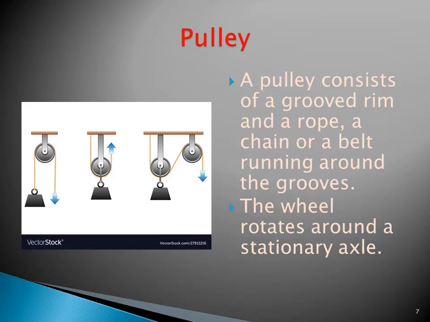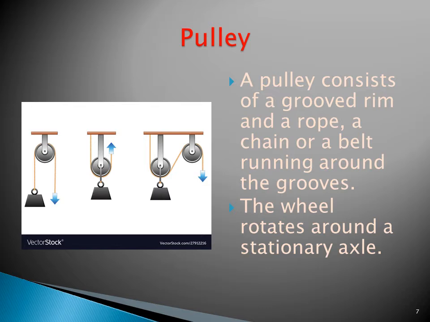Pulley. Instead of an axle, a wheel could also rotate a rope, cord or belt. The variation of the wheel and axle is the pulley. In a pulley, a cord wraps around a wheel. It is a simple machine that is used to change the direction of the force.